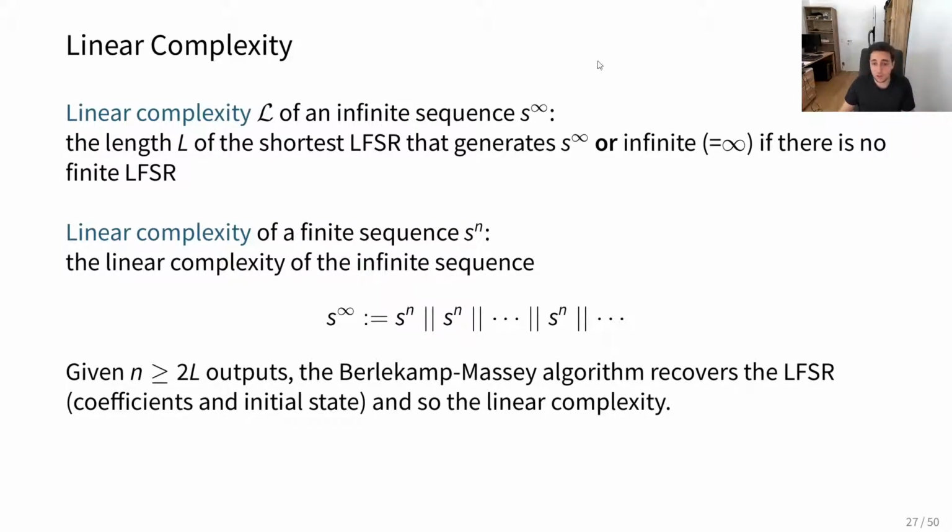And if we have an infinitely long sequence which essentially consists of smaller sequences which are the same, then the linear complexity is essentially the linear complexity of the smaller ones. And if we have some output bits, then we can actually recover the LFSR using the Berlekamp-Massey algorithm, which is not part of the lecture.